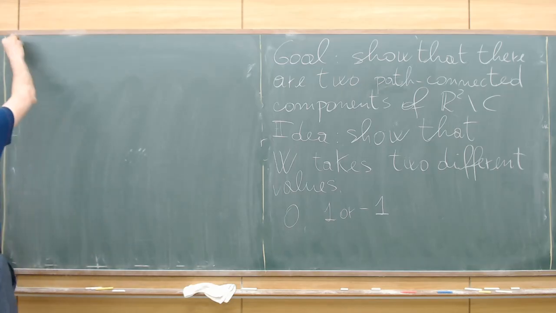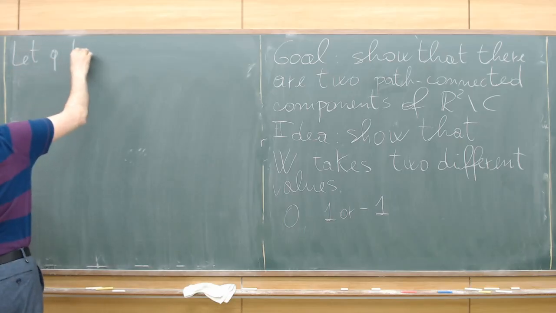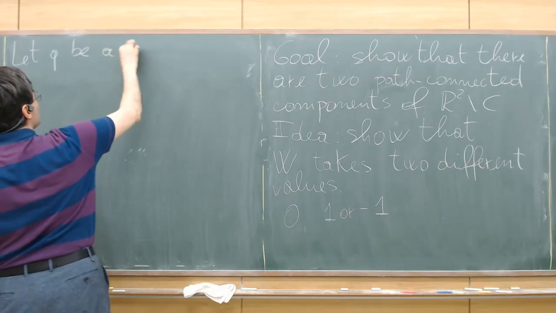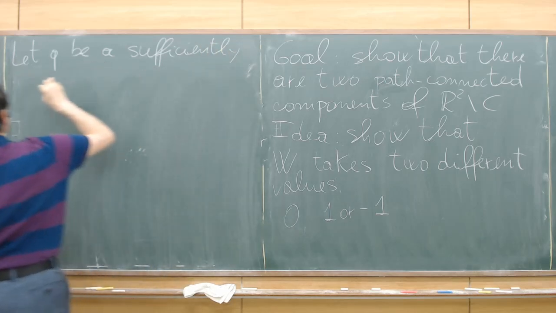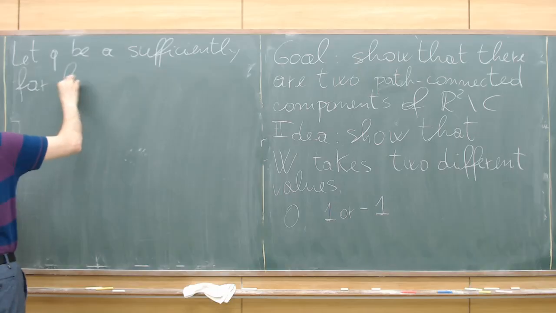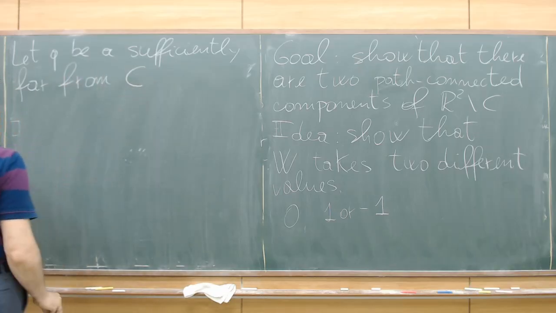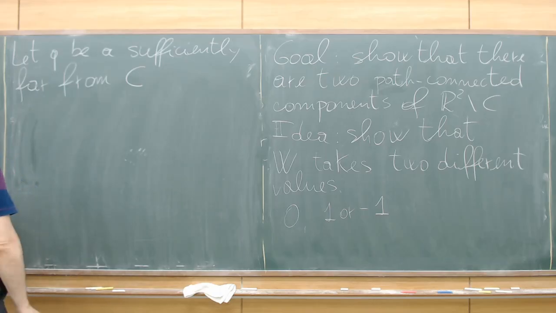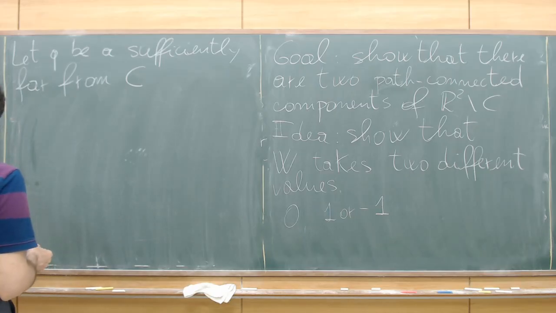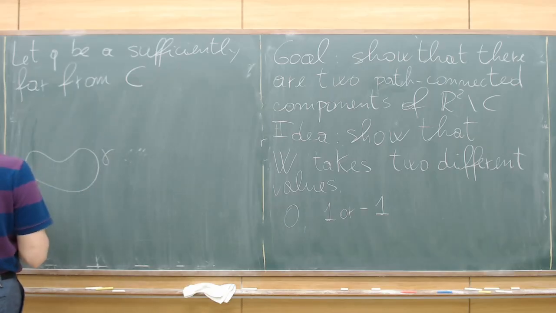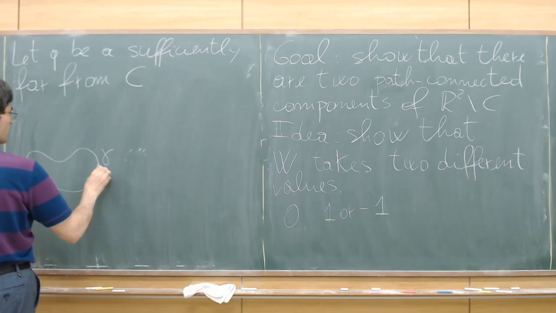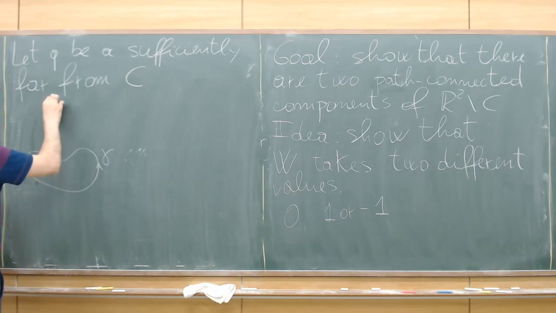So let Q be a point which is sufficiently far from C. So for example, if this is the trace of gamma, you can choose Q to be here.